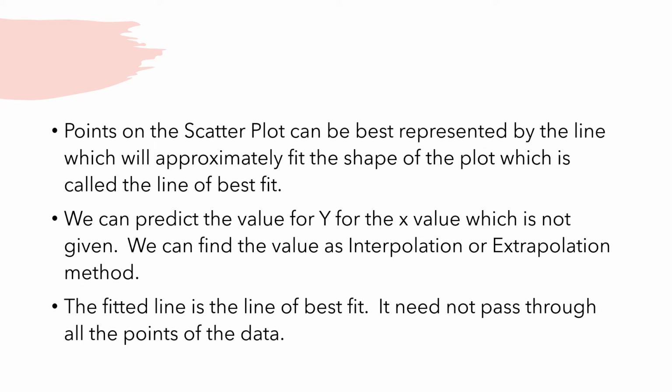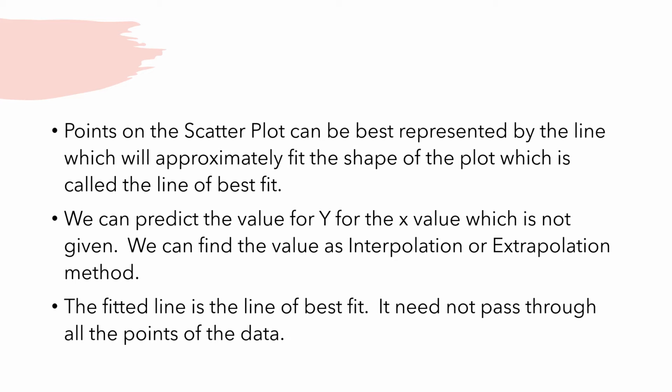The points on the scatter plot can be represented by the line, which is called the line of best fit. We can use the line of best fit to predict the value of y for which the x value is not given, and this method is called the interpolation or extrapolation method.